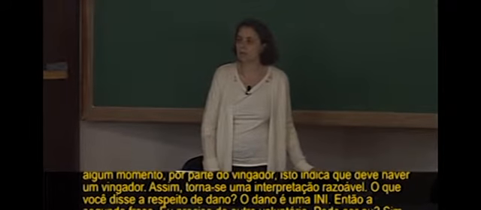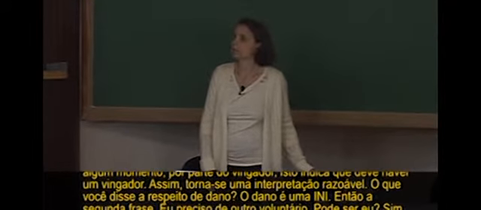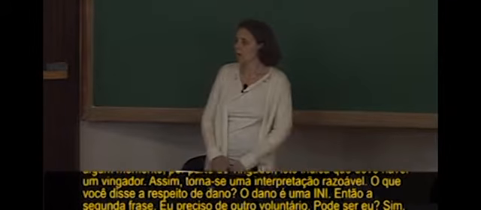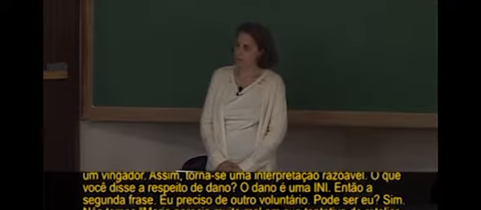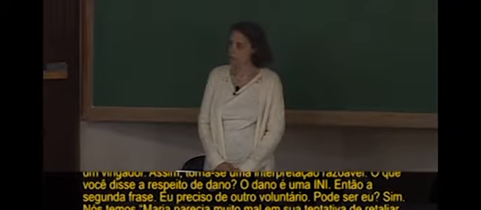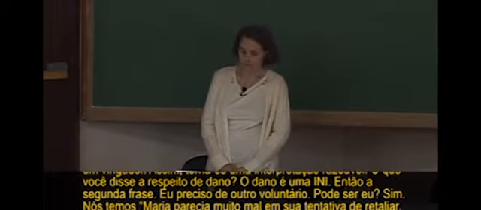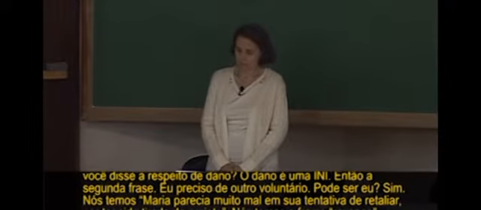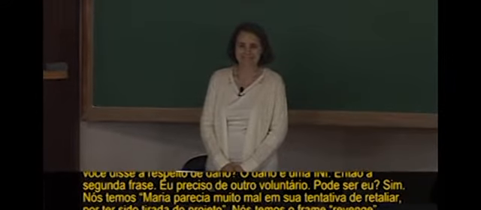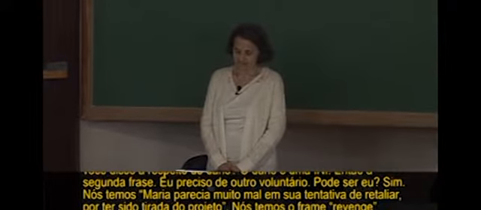Okay, second sentence. I need another volunteer. Yes. We have Maria looked really bad from her attempt to retaliate her being cut out of the project. Yes. We have the frame revenge, and the LU is retaliate.